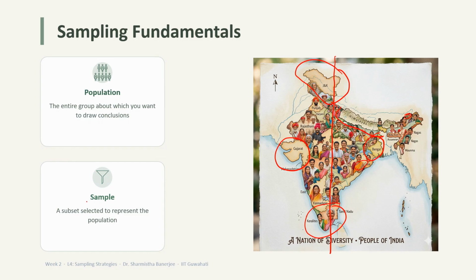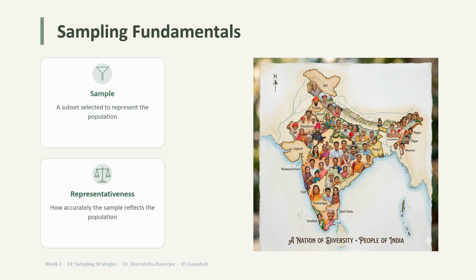So, a sample is a subset selected to represent the population, and when you are selecting the sample, you have to ensure that the sample selection is representative enough of the entire population, which is the Indian population in this particular example. Now, representativeness implies how accurately the sample reflects the population, and it is the most important thing that determines whether the findings that you have are valid or not valid.